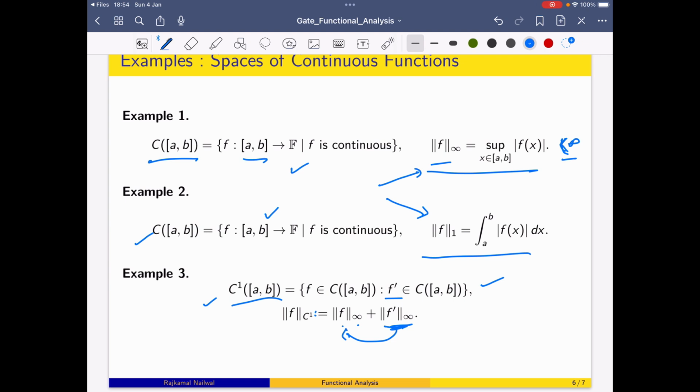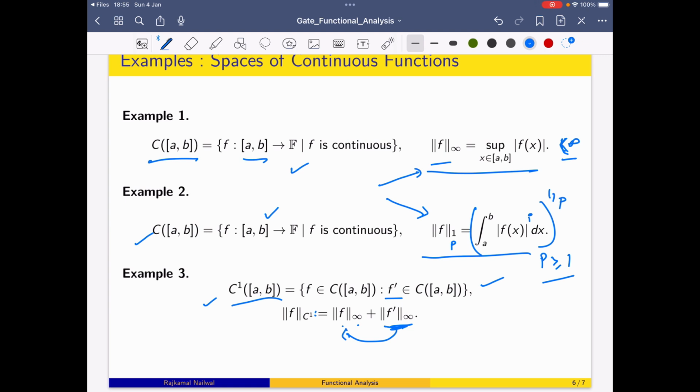But from here you can see that you can talk about different norms on the same space. For example, here I have chosen 1, but you can also choose p, and then you can take its 1 over p power. So you can check that for p greater than or equal to 1, this is also another norm on C[a,b].